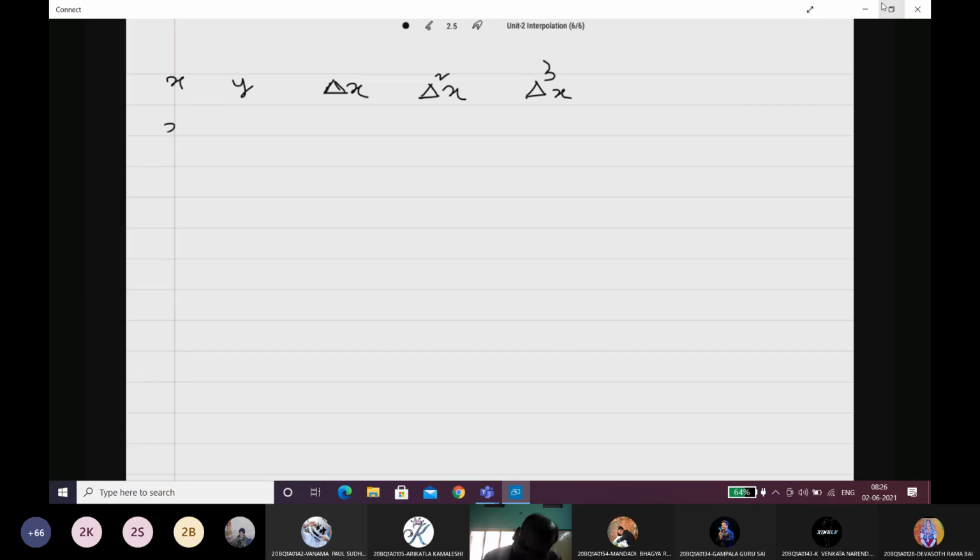Suppose we take the values of x equal to x naught, then x naught plus h, we call this x1 sometimes. Next, x2.